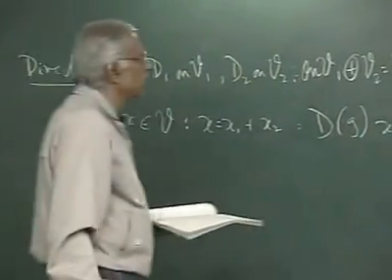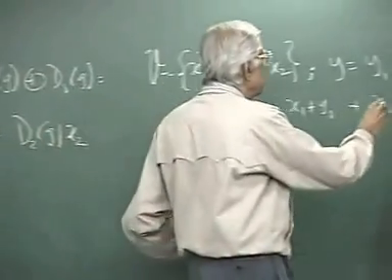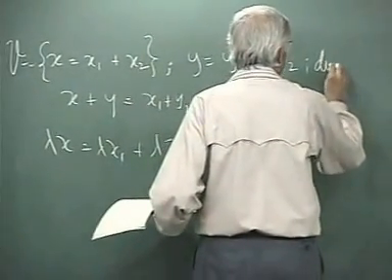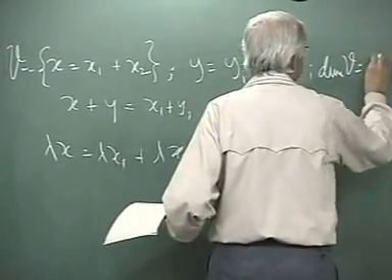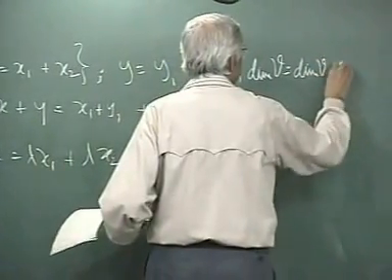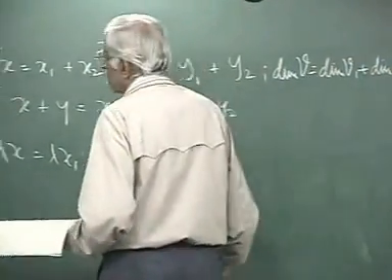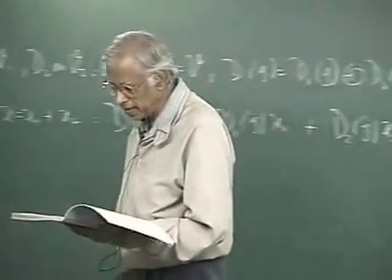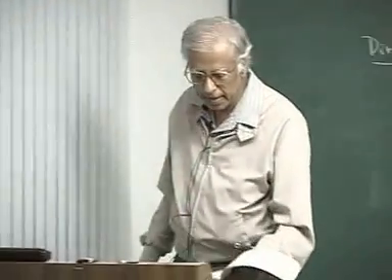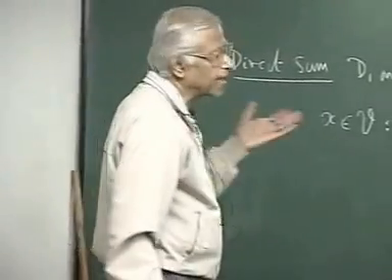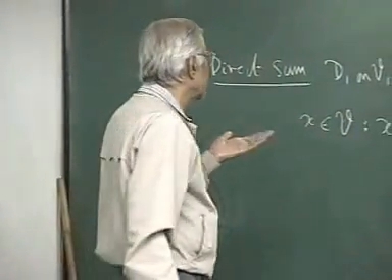Now going back here, you can see that the dimension of V is the dimension of V1 plus the dimension of V2. So when you take two group representations of some dimension each and then you construct their direct sum, the dimensionalities again will add up.